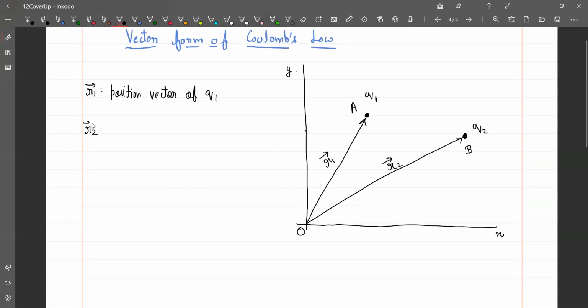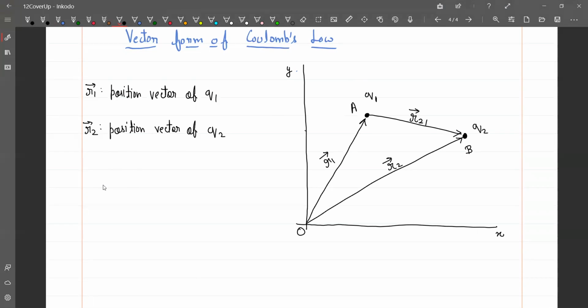So r2 vector is the position vector of q2. Now we have to write forces between these two. I will call this vector r21 vector. r21 vector is a vector directed from 1 towards 2.